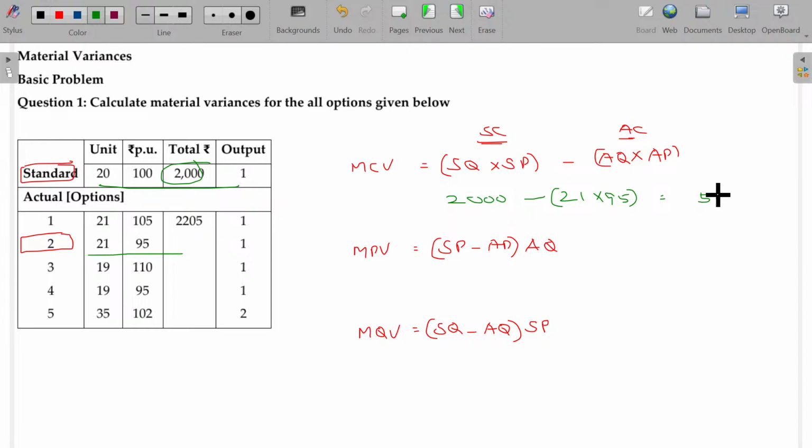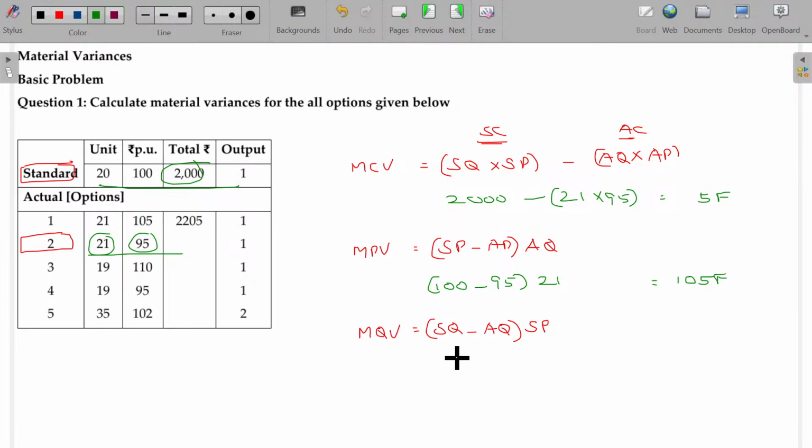Favorable or adverse? Favorable. Good. Standard price being 100, but actual price in this case being 95. 100 minus 95 into actual quantity in this case being 21. So you paid 5 rupees lesser, so it's favorable. 5 into 21, 105 favorable.